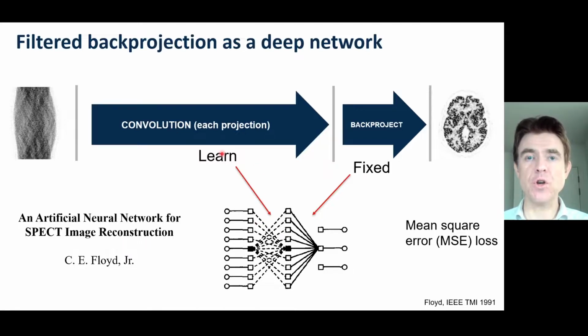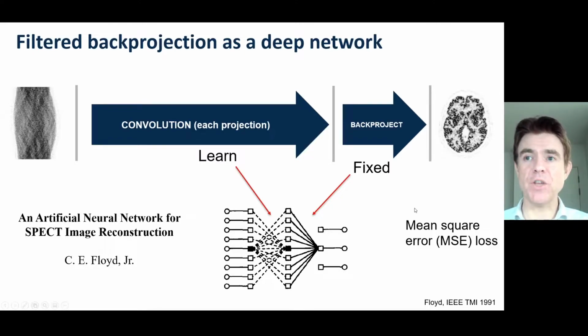He just learned one single but very large convolution kernel that could be applied to each of the rows of the sinogram, such that once you've convolved each of the rows of the sinogram, you can then back project that sinogram to get a reconstructed image. And so what he did was, I think he used point source data to learn what that convolution kernel would need to be in order to successfully filter a sinogram and then back project it to get a reconstruction of a point source.